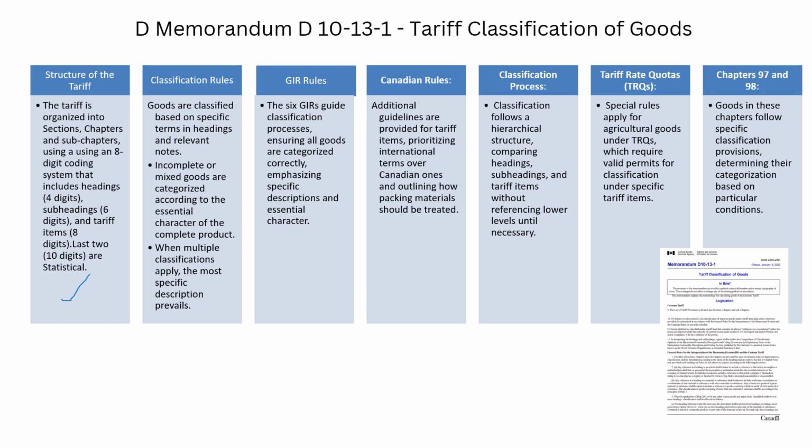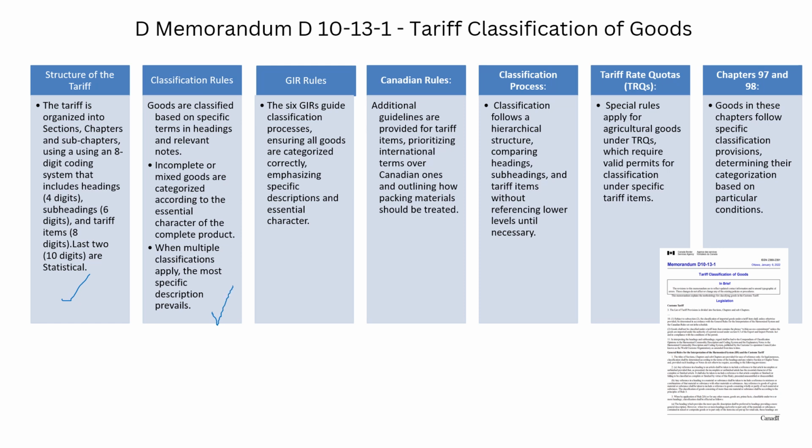Then there are certain classification rules: goods must be classified on the specific terms of the headings and relevant notes, and incomplete or mixed goods are categorized according to the essential character of the complete product. And when multiple classifications apply, you must apply the most specific description to your good.